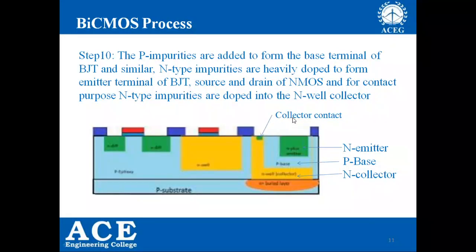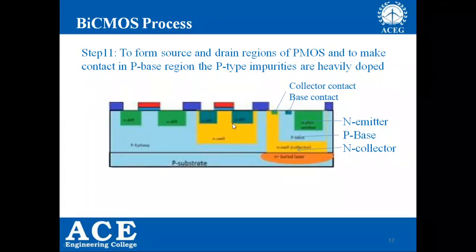Later what we are doing is we need to form P diffusions for the PMOS transistor, which is formed in the N well. So later we have taken P diffusions here to both sides of the gate of the N well transistor, and we had a p-type diffusion for the base region in order to have the base contact.